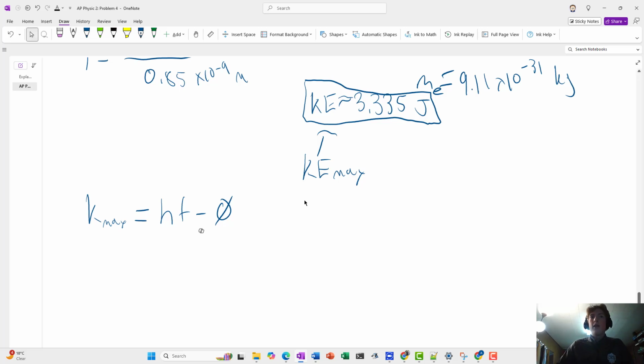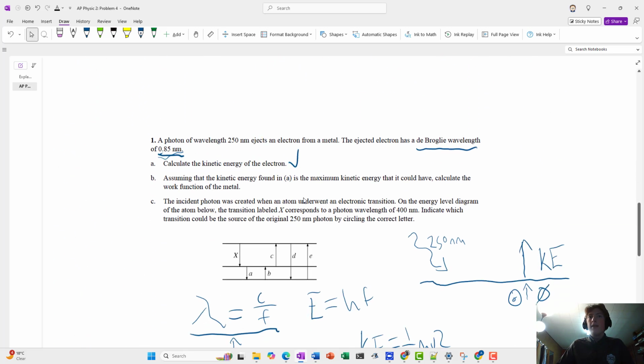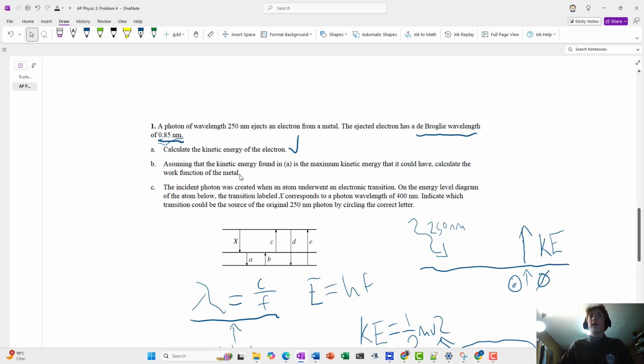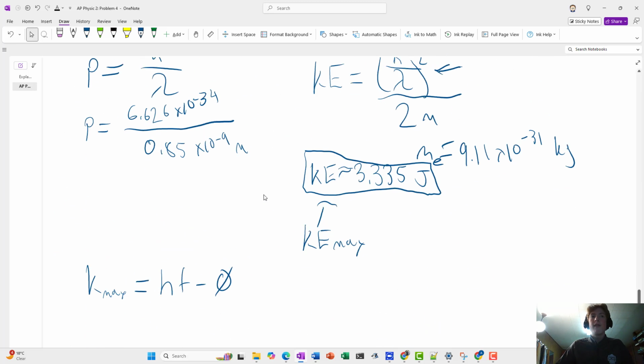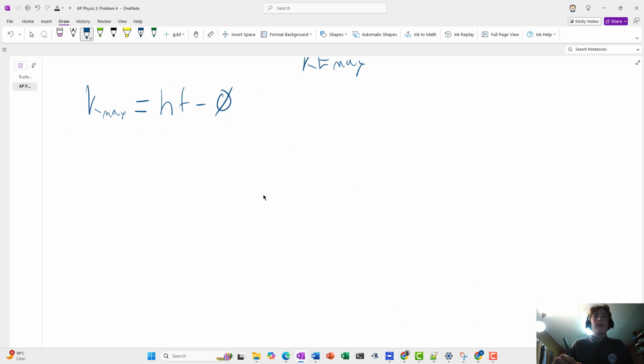They tell us at the beginning of the prompt that a photon of wavelength 250 nanometers. So this is our hf. f is our frequency. We have to rearrange this and plug our lambda in, so our wavelength. We know f is equal to c over lambda.